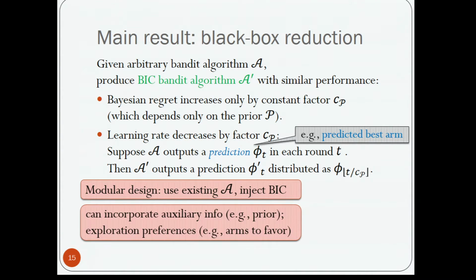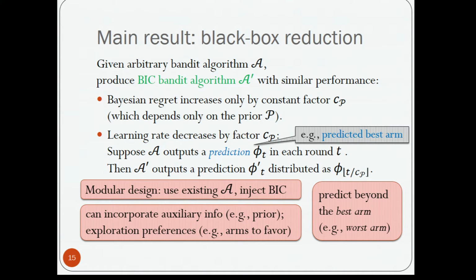The other thing to notice is that the setup can incorporate auxiliary information such as a prior, because we can take an algorithm that uses that information. The original algorithm can also incorporate maybe some preferences over which arms should be favored or throttled in exploration, and our reduction obeys that too.